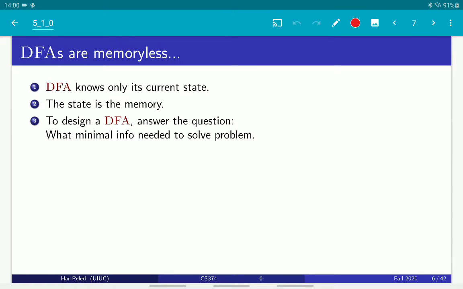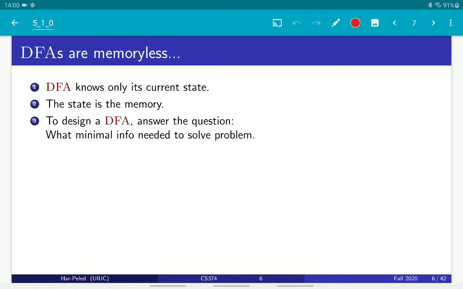So what's the idea of this reduction from NFA to DFA? The important thing about DFAs is that they are memoryless, right? At a given point in time, all you care about is what the current state is that the automaton is in, but you don't remember and you don't know how the automaton got to this state.